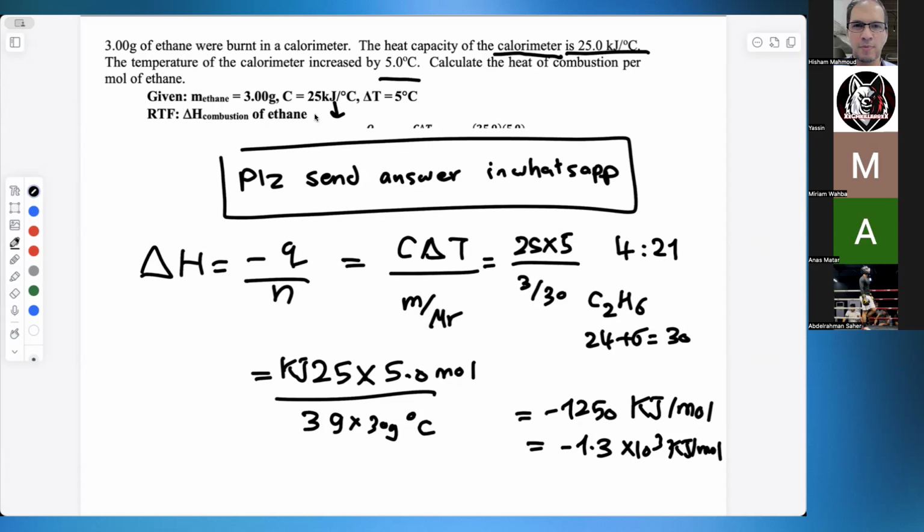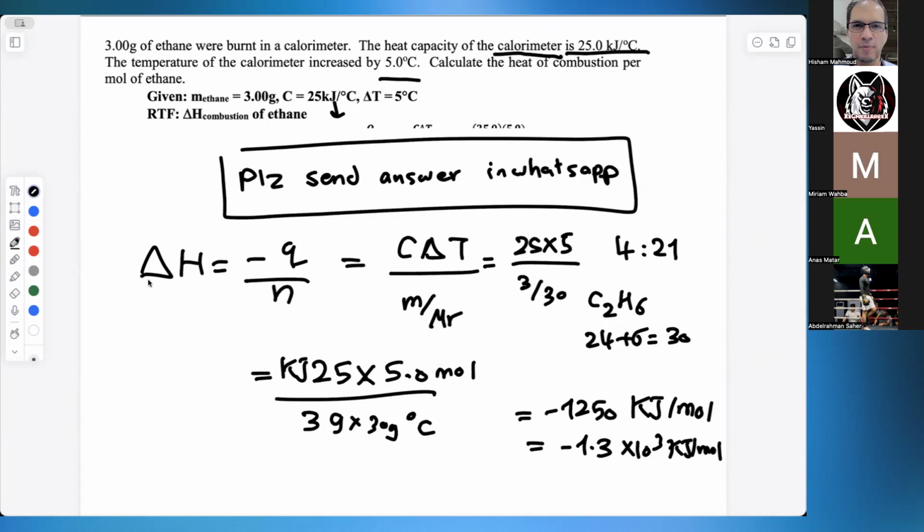Okay, the next type of questions that we'll see in Unit 6 is the questions about Hess's law. In this question, I need to manipulate the equations so that I can see what's exactly happening in the reaction. So I have multiple reactions.